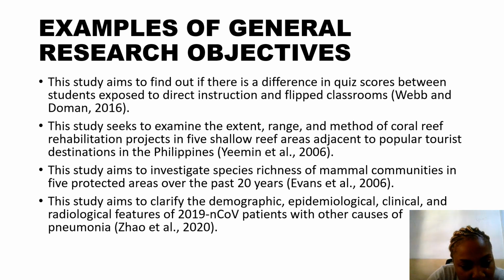Another one, this study aims to clarify demographic, epidemiological, clinical, and radiological features of 2019 COVID patients with other causes of pneumonia. So this is just showing you how an objective should look. It should be SMART. Remember, we said specific, measurable, attainable, relevant, and then time specific.